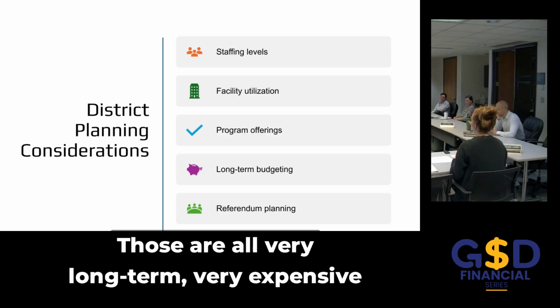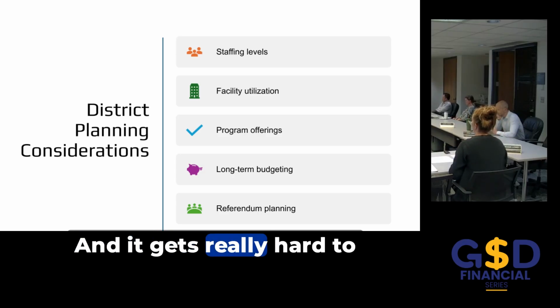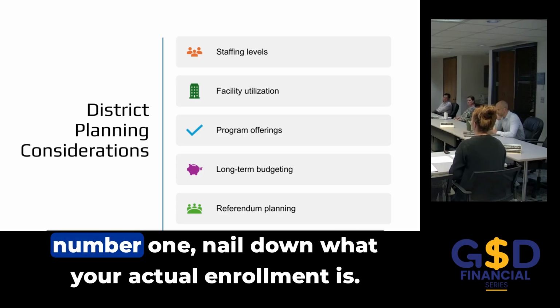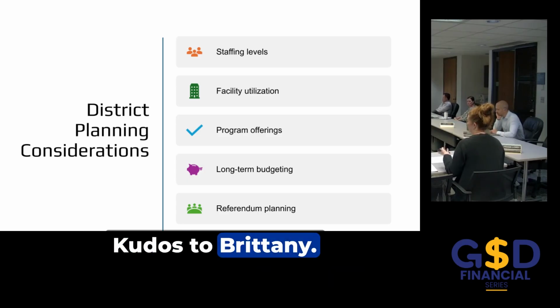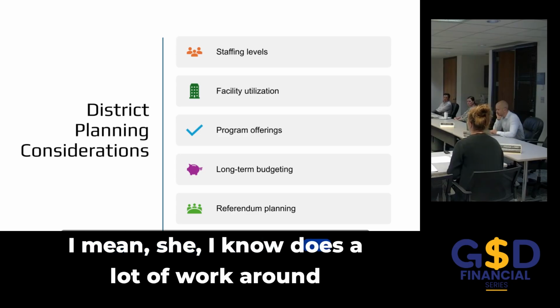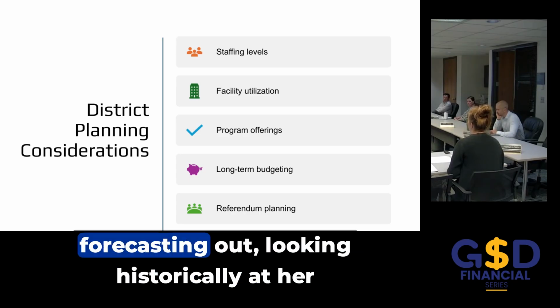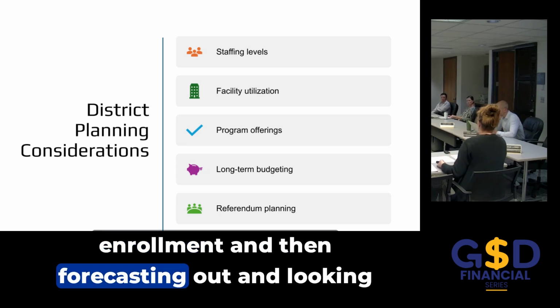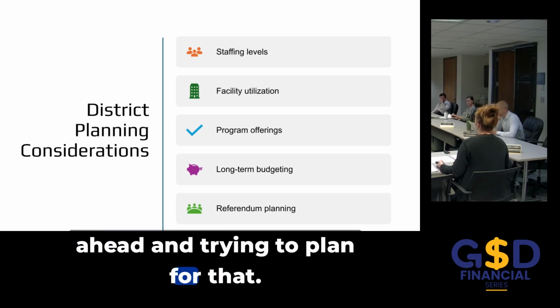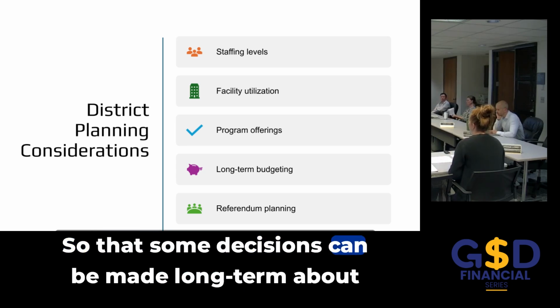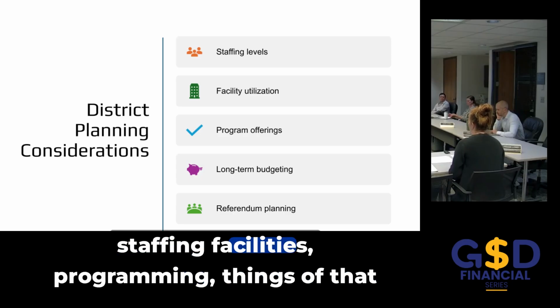Those are all very long-term, very expensive decisions, and it gets really hard to, number one, nail down what your actual enrollment is. Kudos to Brittany. I know she does a lot of work around forecasting, looking historically at her enrollment and then looking ahead and trying to plan for that, so that some decisions can be made long-term about staffing, facilities, programming, things of that nature.